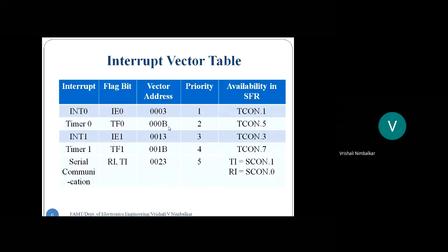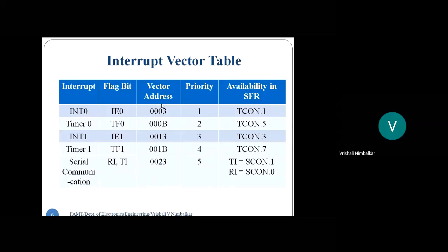After B, another 8 memory locations, we have the vector address of int1. Meaning the gap between the vector addresses is hardly 8 memory locations. So it becomes difficult to fit the ISR within just those 8 locations.